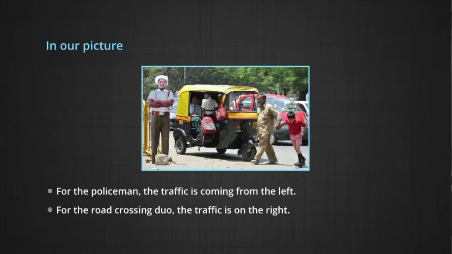So, with respect to the surrounding, the observation is different, but it is the same auto. The point I am trying to make is that when you talk about something moving with respect to the surrounding, the position of the observer also has to be considered. Where is this observer located? How is he seeing this thing which is moving around him? So, this impression tells you that two different observers are seeing the same moving object differently.